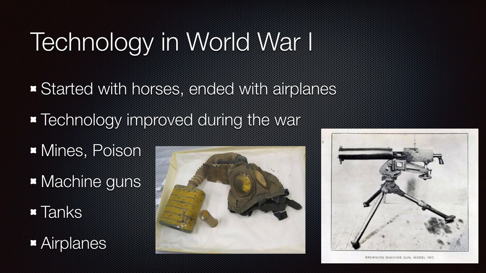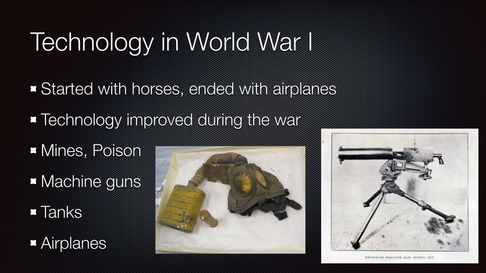They used poison gas, and here's a picture of a gas mask, but again, these didn't come about until a lot later in the war. Machine guns were invented around this time, and if somebody tried to run out of their trench and across no man's land, they could easily be taken down with machine guns.